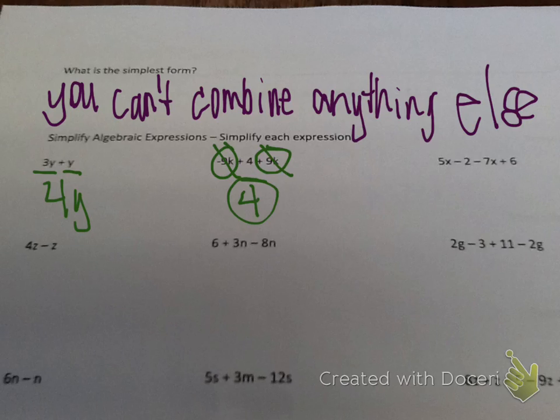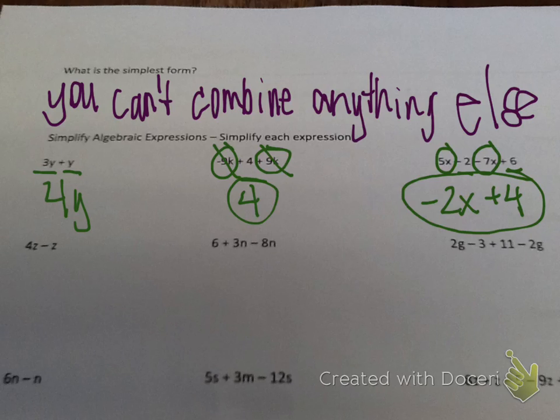Here our like terms are 5x and negative 7x, so that makes negative 2x. Negative 2 plus 6 makes positive 4. And I can't combine x's with 4's, so that is my final answer. That is simplest form. I can't combine anything else.